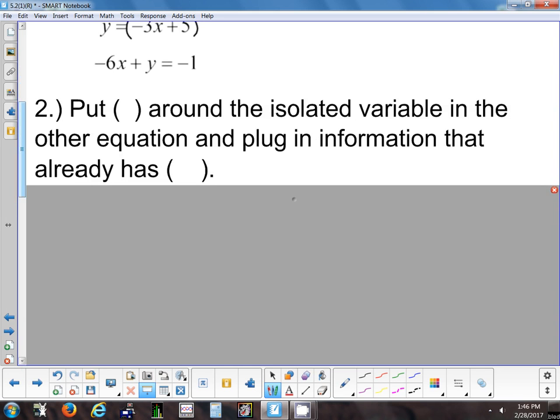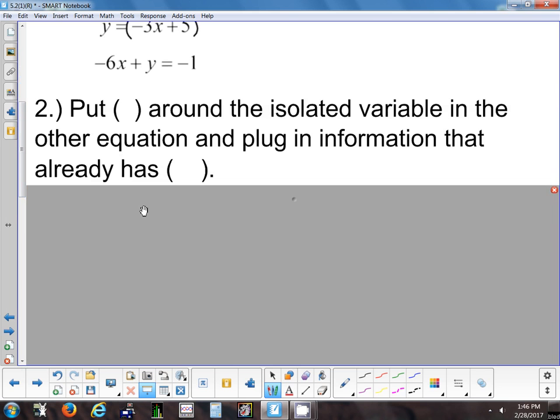So, I'm going to put it in the other equation now. Now I'm talking about the other equation that's there. So for this example, it would be the bottom one. I'm going to put parentheses around the isolated variable in the other equation and plug in the information that already has the parentheses. All right?